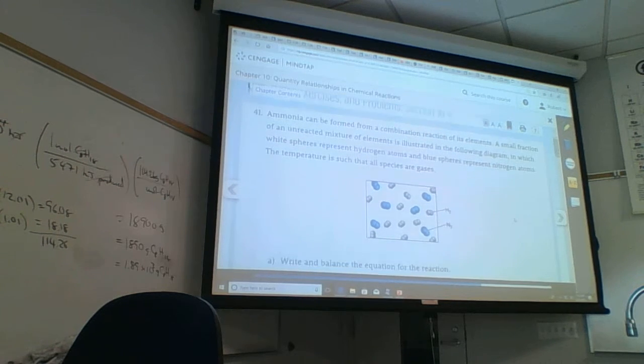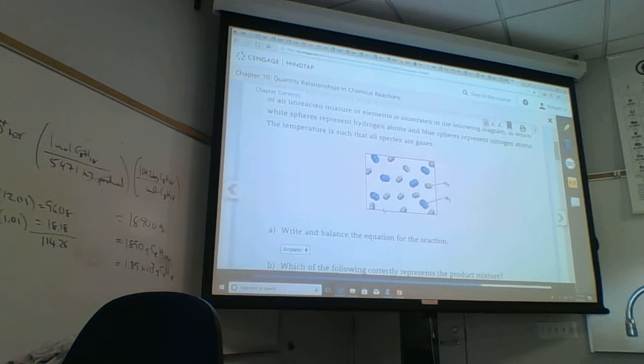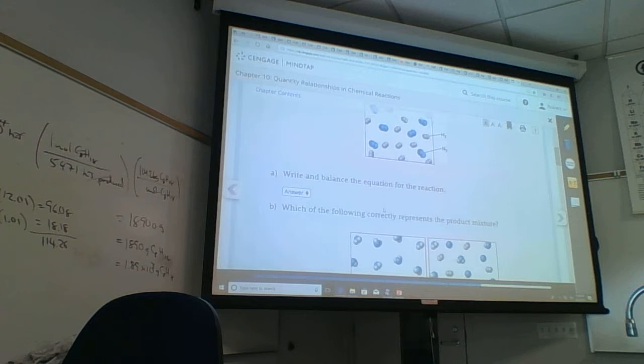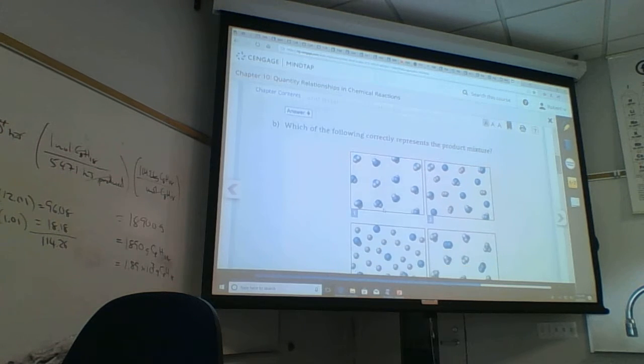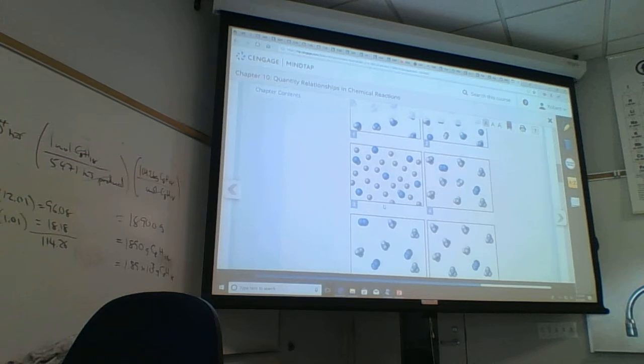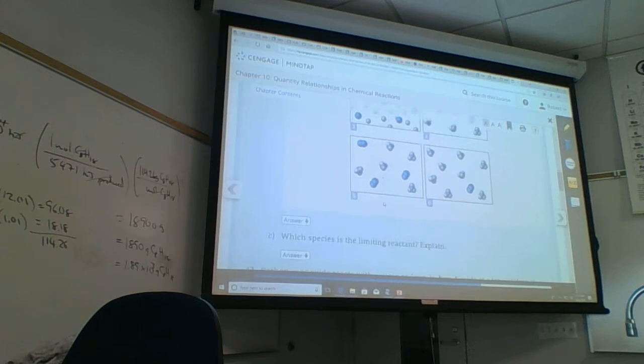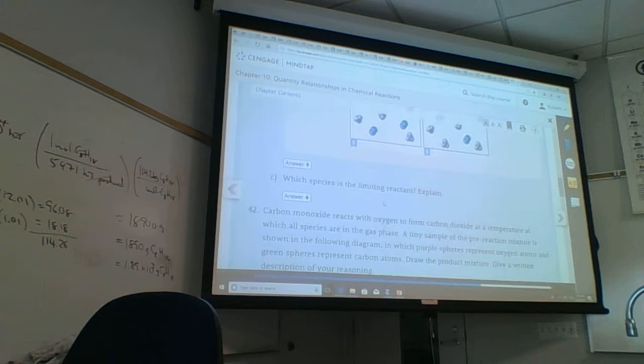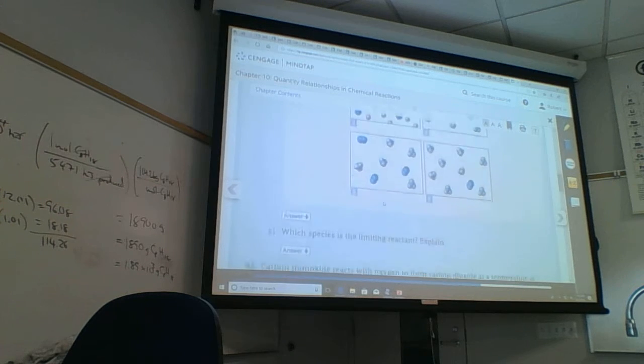This is a conceptual thing. You know, if we make ammonia from nitrogen and hydrogen here, we can write the balanced equation. And we can mix them in different ratios. So this is conceptualizing which species is the limiting reactant.